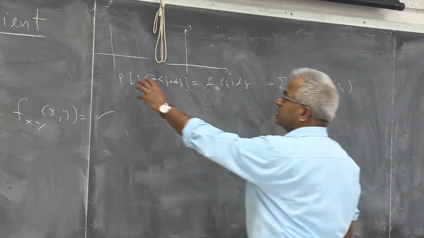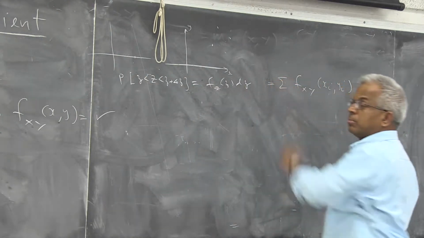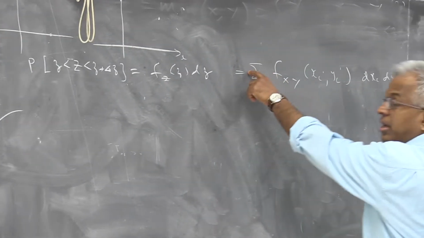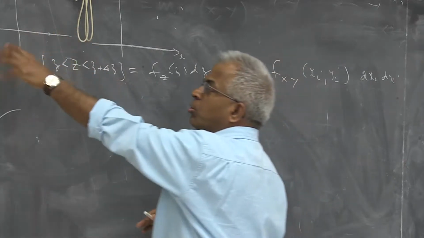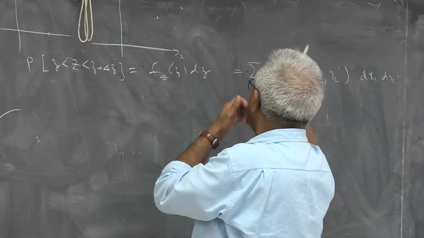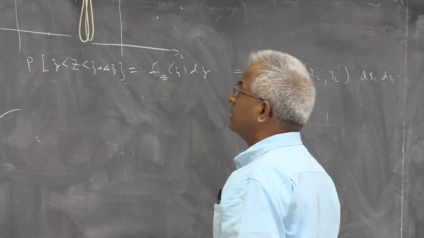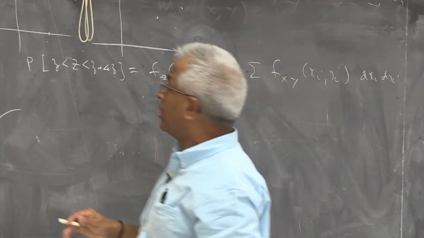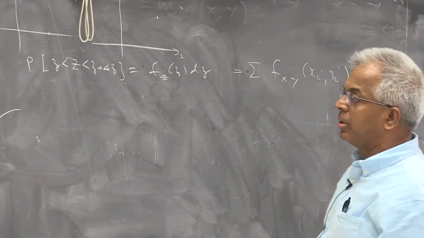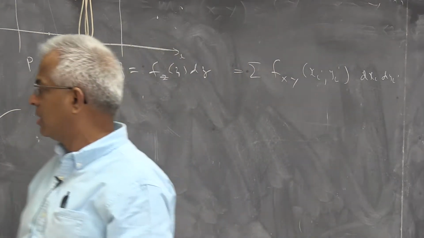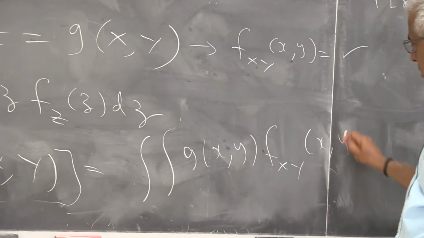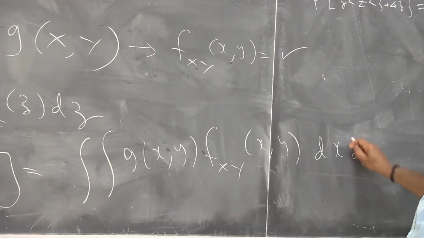Then when you multiply this side with z, here you multiply this with g(x,y), and you sum over all values of z_i on both sides, and these solutions are non-overlapping. Consequently, this integral will turn out to be a double integral over the xy plane. So we can write it as the double integral of g(x,y) f_xy(x,y) dx dy.